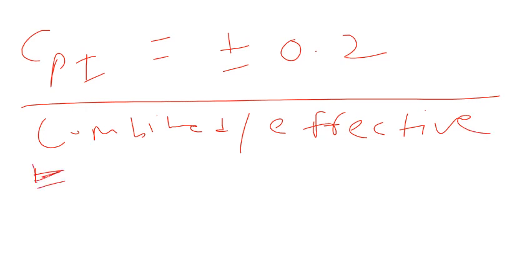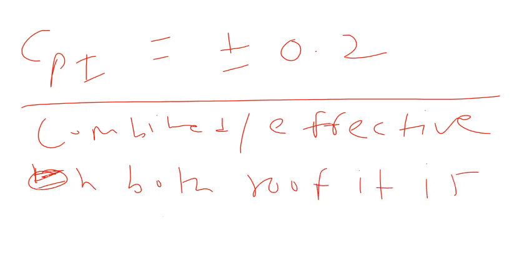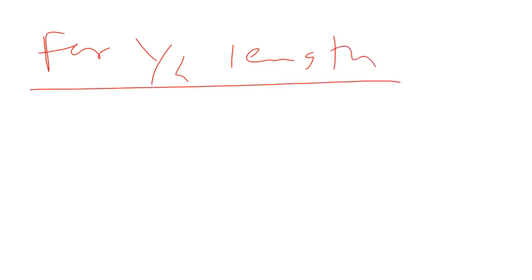On both the roofs it is the same, right? So we just find out for 1/4 length. In the earlier case it was windward, for the normal wind flow, but here in case of parallel wind flow it is 1/4 length of the building, and 1/2 length of the building.